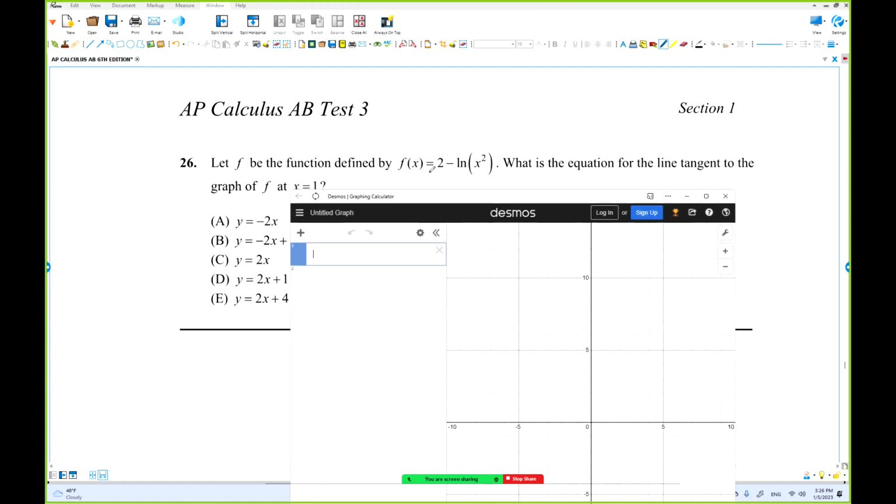So I'm going to graph this one, 2 minus ln of x squared. That's the graph.